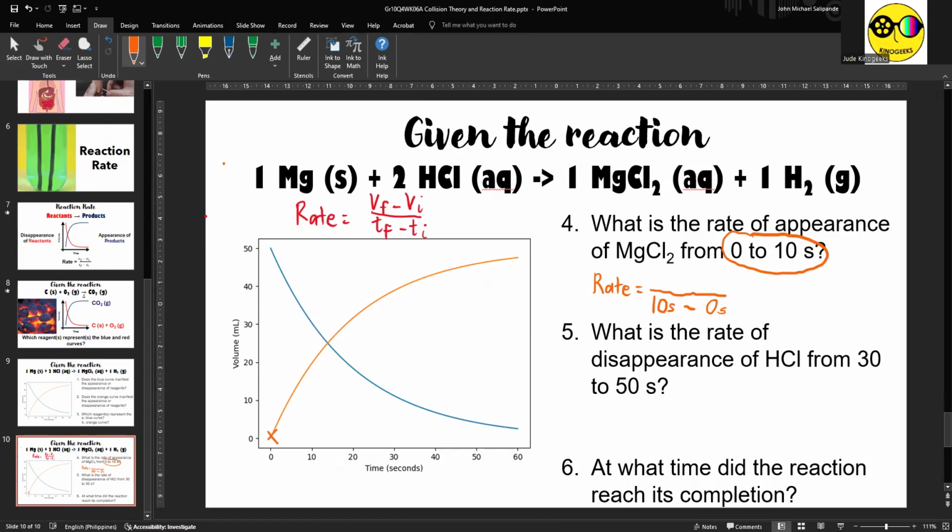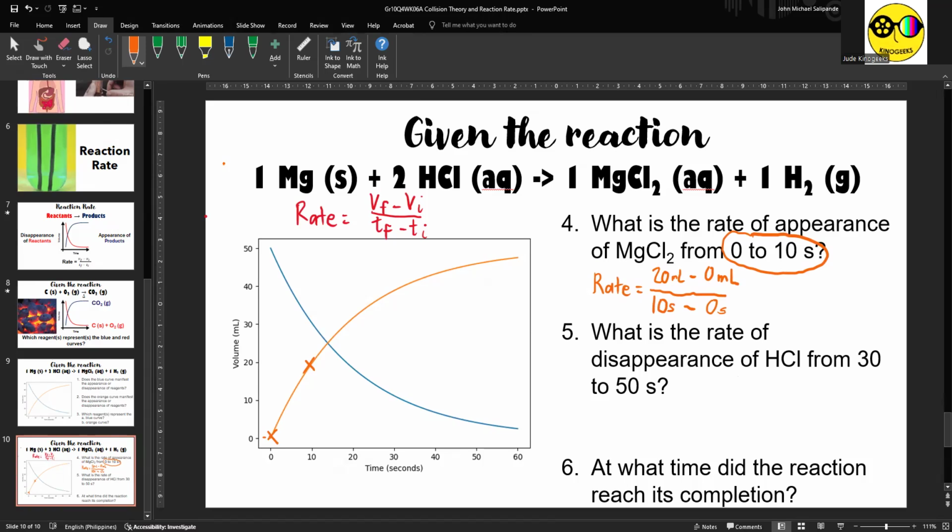No? And as you can see, its corresponding volume is also 0 ml. And lastly, for 10 seconds, which is here, no? It corresponds to amount of 20 ml. Then minus sign at the center.